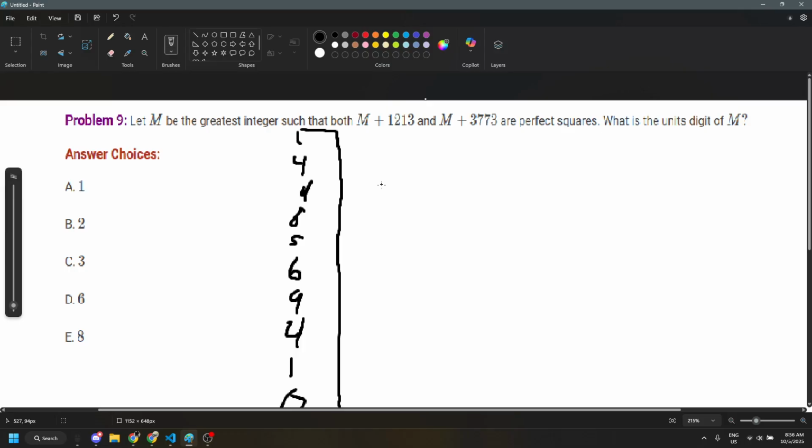So there are multiple solutions, but there aren't infinite solutions. Hmm. How am I supposed to do this?